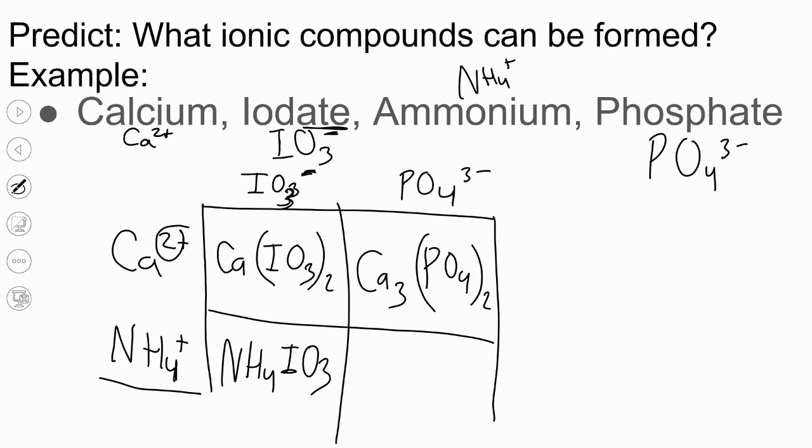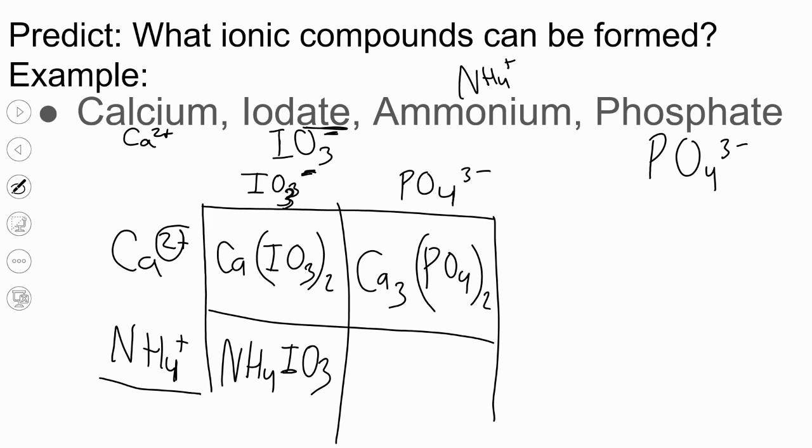Someone else think of another way to explain that. I'm stuck. Wait, what's the question? Why does this one have a subscript and why does this one have just a 4? Because we're looking at the charges. We want the charges to cancel each other out.